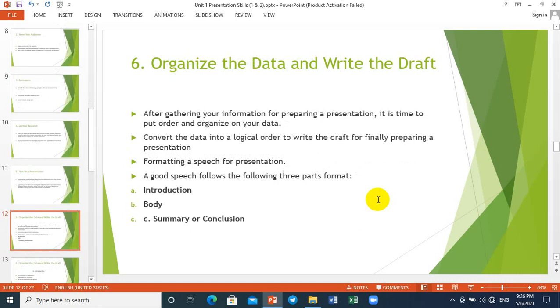Step 6. Organize the data and write the draft. After gathering your information for preparing a presentation, it is time to put order and organize your data. And after that, you need to convert the data into logical order to write the draft for final preparing a presentation.